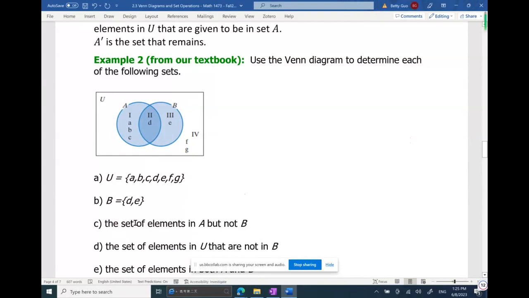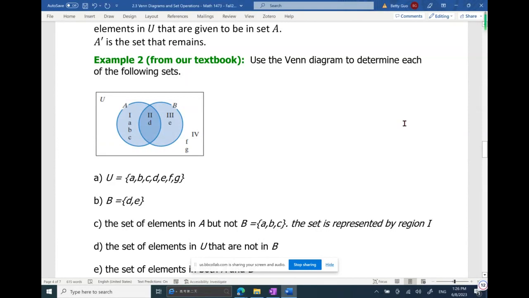Part C, we need to find the set of elements in A but not B. We are looking for a set which contains all the elements in A but not in B. In A, we have A, B, C, D, but D is in B, so we cannot include the D. So only A, B, C. Which region represents the set of elements in A but not in B? The set is represented by region I. You see I?